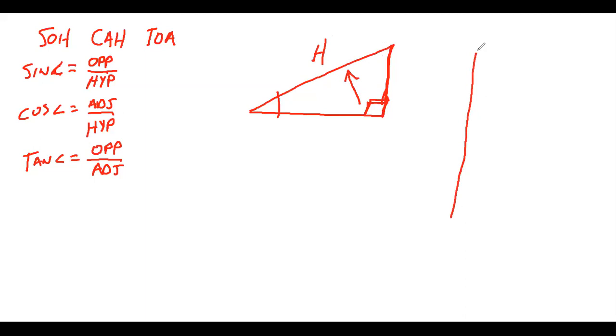If this is your triangle, where's the hypotenuse? On the right side? Yep. Always. So relative in triangle one, relative to this angle, where's your adjacent?